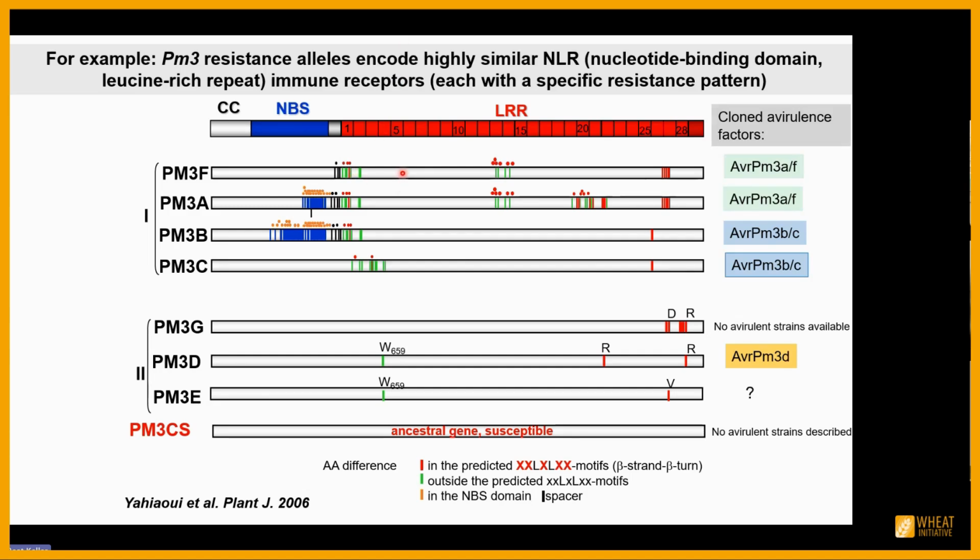It's an allelic series of resistance genes, and there is an ancestral gene which is actually a susceptible variant, the reference, and in comparison to this susceptible reference, we indicate here which amino acids are polymorphic. We have isolated for a number of these allelic immune receptor variants the corresponding AVR genes, which is indicated here. As you can see, there are two pairs of alleles which recognize the same AVRs, and I want to discuss that in a minute in more detail.